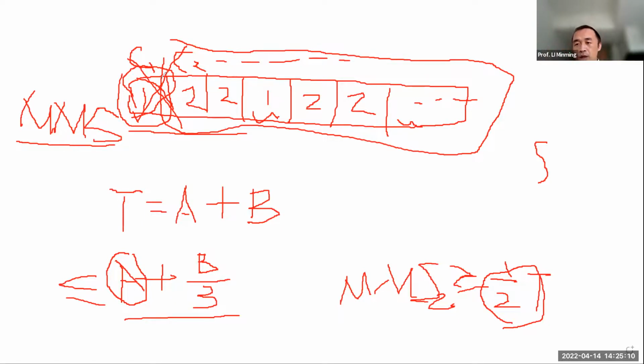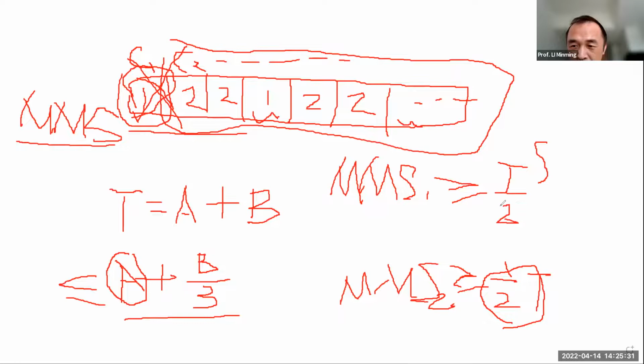Okay, good. So now let's bound MMS1. What is the bound for MMS1? Now we need to play some trick. One bound for MMS1 is the same as before because that's easy: it's at least T over 2. That's still true. But Xingren pointed out a very good point: at the same time, MMS1 is also larger than or equal to A. Why?